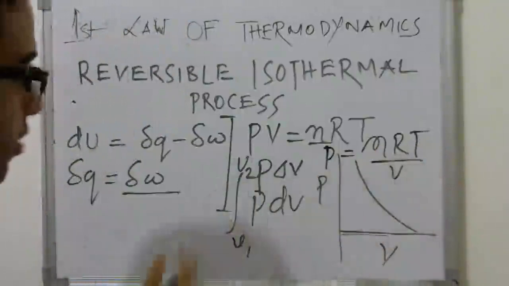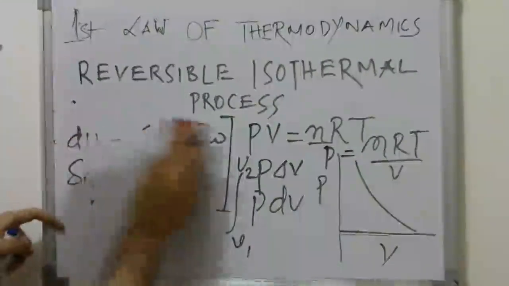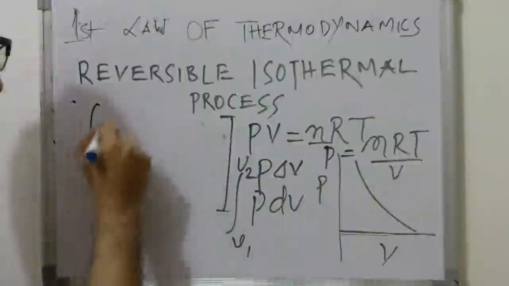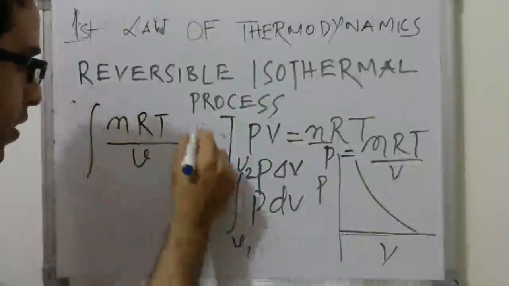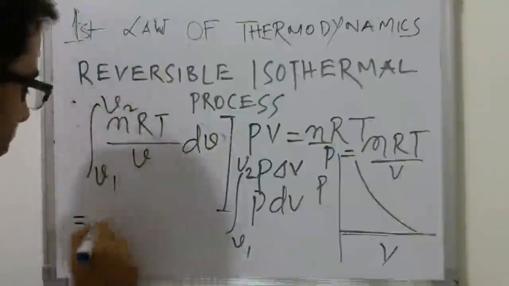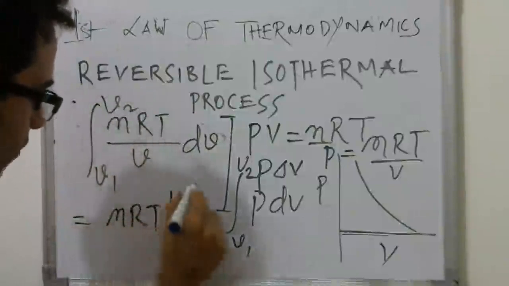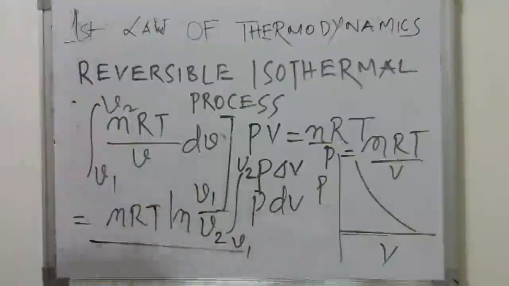So substituting directly, the integral of nRT by V dV from V1 to V2 becomes nRT ln V2 by V1. So this is the final equation.